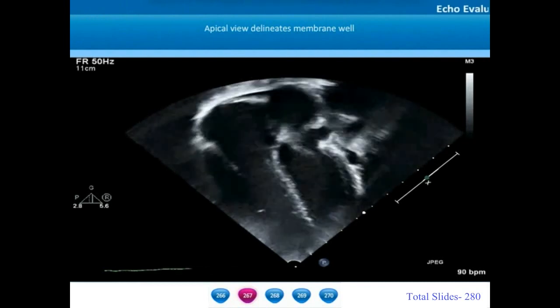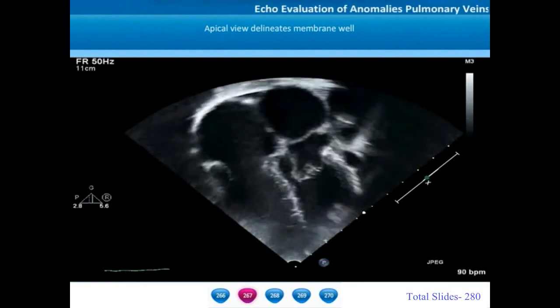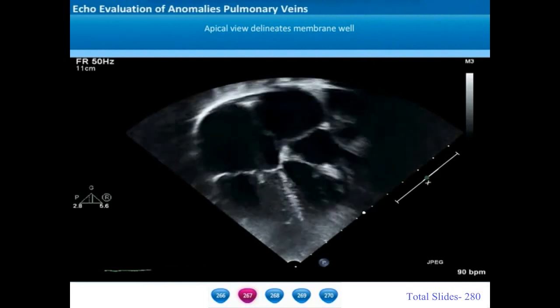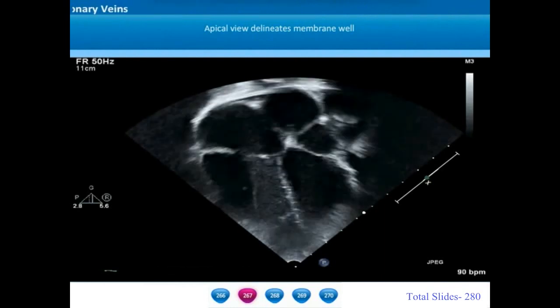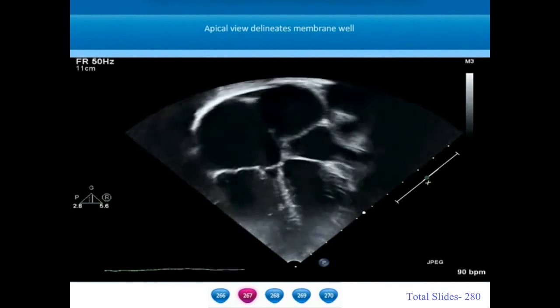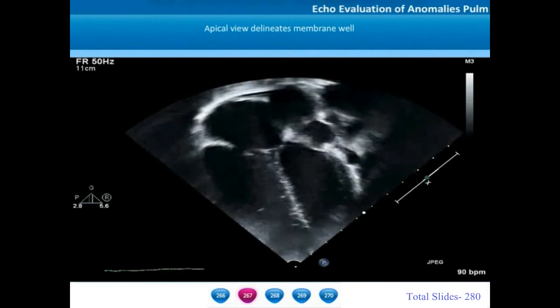Whenever there is a lack of intraatrial communication, there will not be much dilatation of the right atrium and right ventricle. However, in this patient, there is some enlargement of the right atrium and right ventricle. This gives a clue that the cor triatriatum may be associated with some form of anomalous pulmonary venous drainage resulting in a left-right shunt.